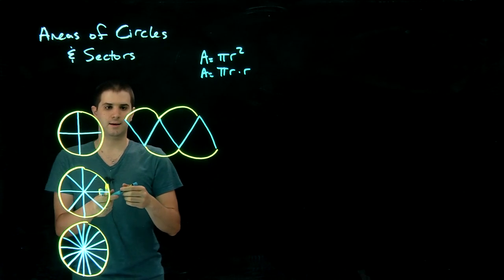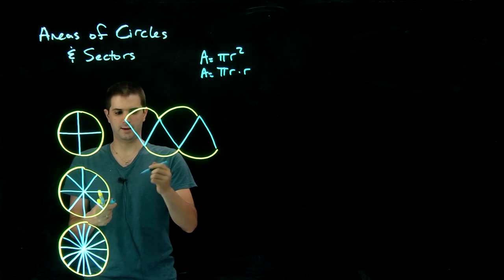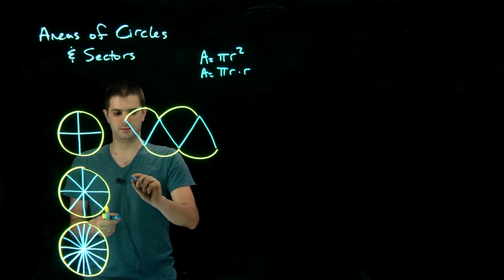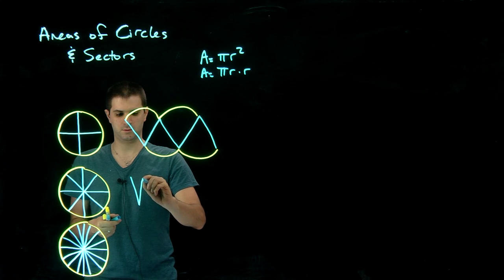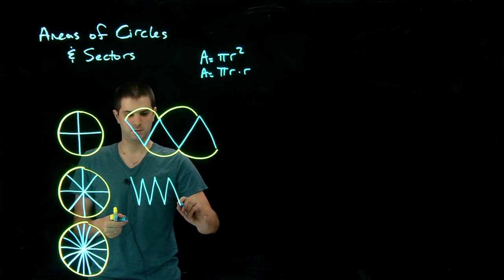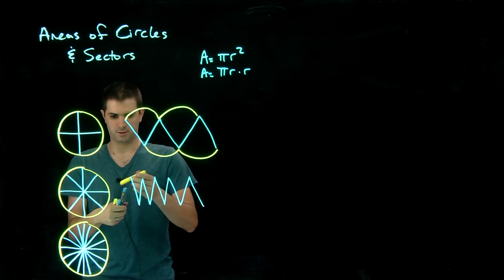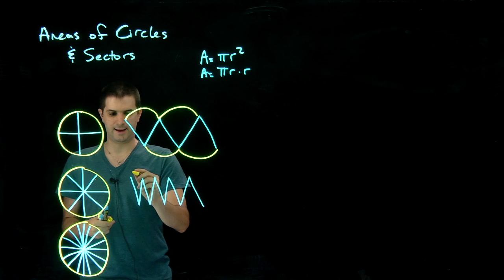Okay, and I want to do the same thing here. Let's say we do this. All right, so I have eight little wedges here.